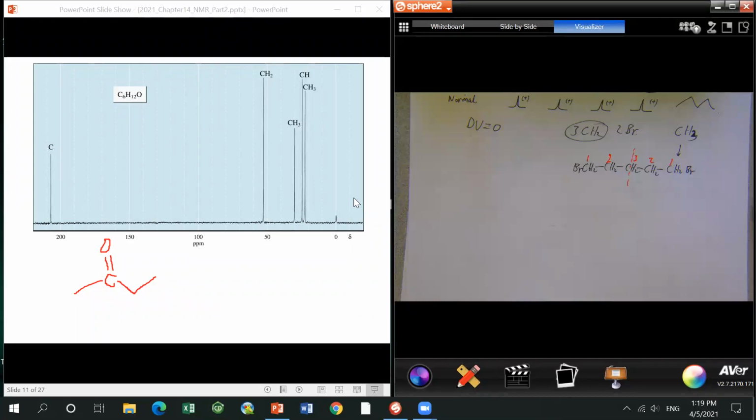Now I show the 2 branches, but only 4 carbons in total. Take a try. The good thing is that this student knows it's a ketone. That's pretty important.